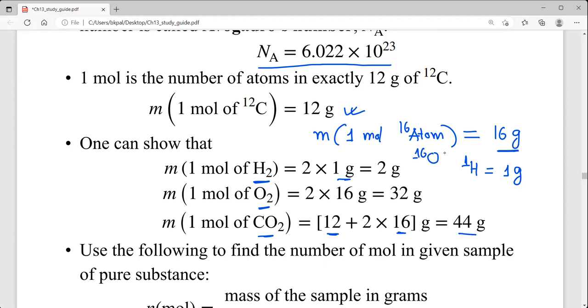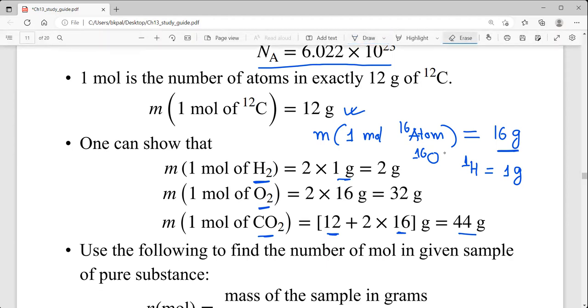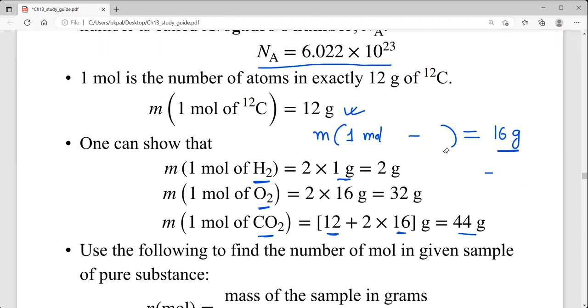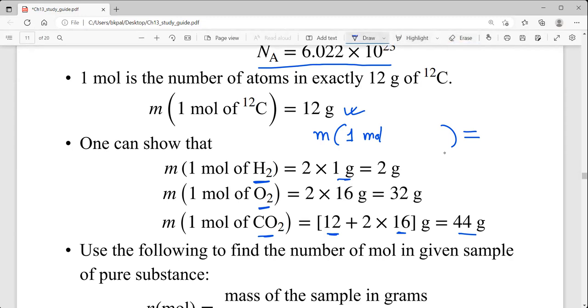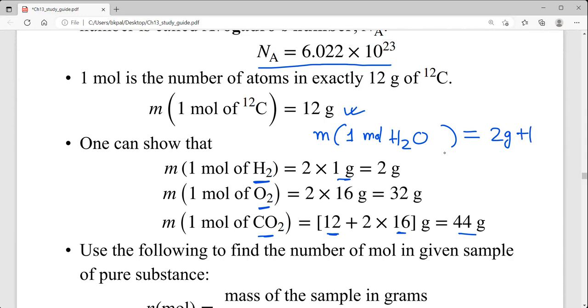Similarly, you can show that the mass of 1 mole of water molecule H2O is 2 gram for 2 hydrogen atoms and 16 gram for 1 oxygen atom.